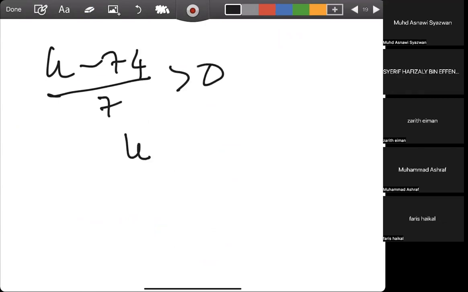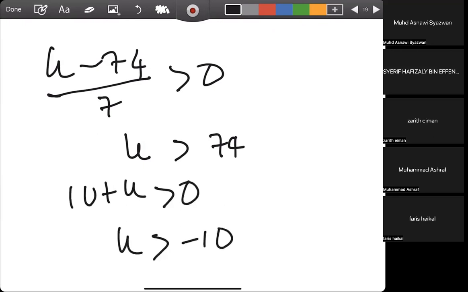So what is the value of K? K less than 74. Then 10 plus K greater than 0, so K is greater than minus 10.